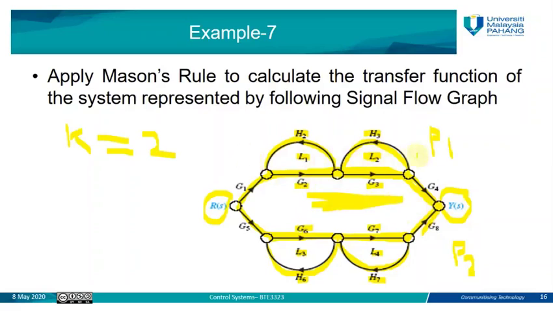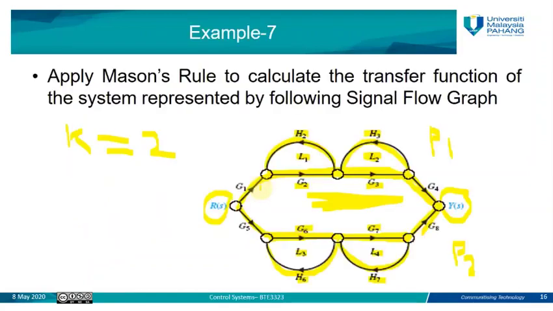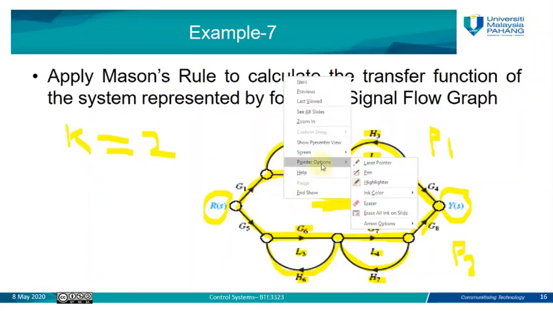Since we have 4 loops, we already defined their loop gains. L1 is equal to G2H2, L2 is equal to G3H3, L3 is equal to G6H6, L4 is equal to G7H7. Now we need to consider 2 non-touching loops. Do we have any 2 loops non-touching with each other?